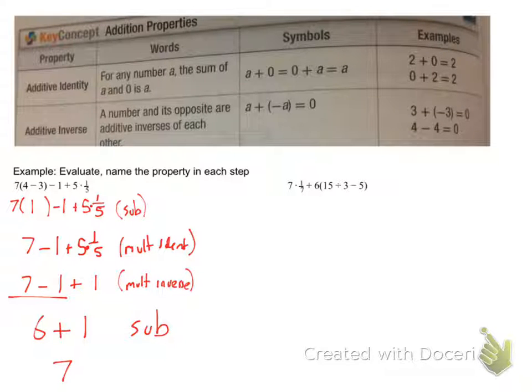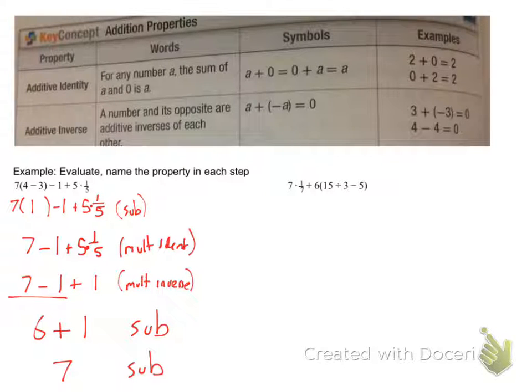You get 7 because 6 plus 1 is equivalent to 7 using substitution. So as I said, substitution comes up quite a bit. The ones that you really have to name are the ones where you can see that we're definitely using an addition identity or additive inverse or something on those lines. Then when you don't use substitution, we name what it is.